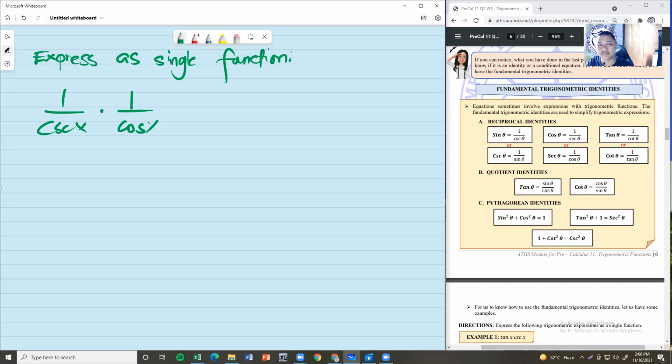Go. Express this as a single function. Type your answer in the chat box. Go. Once you already got that single function, type it in the chat box.